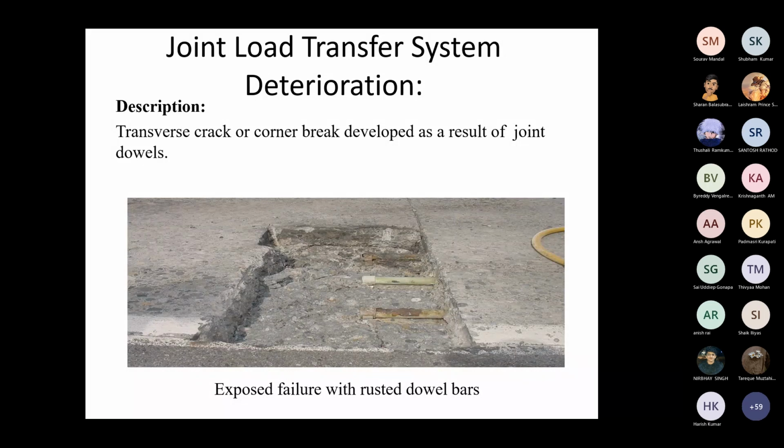If the load transfer is not proper, or if the dowel is rusted so that proper movement is not happening, this is a defect. The dowel bar in one slab should be fixed and in the other slab it should be free to move, so you should provide sufficient sheathing or coating on the dowel bar so that it is free to move. If it is not done, or due to rusting or corrosion, this can occur. Proper load transfer won't be there.